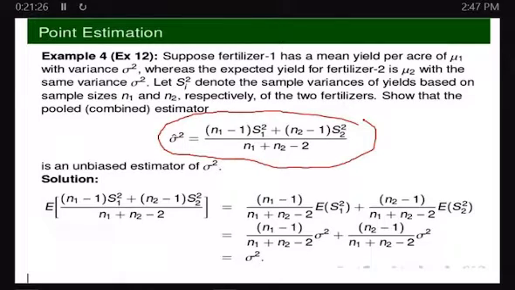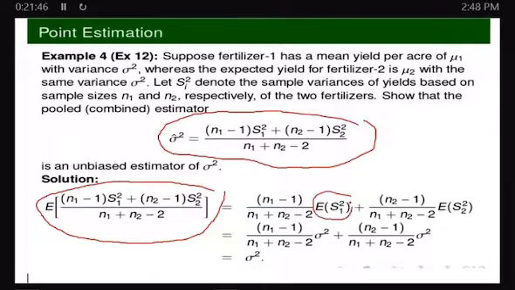How can we investigate that the pooled variance as an estimator of variance is unbiased? You're going to take the expectation of that guy. The expectation will extract the sample variance of the first population and the sample variance of the second population.